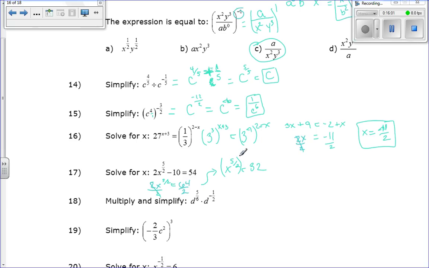Raise to the reciprocal power. So x equals the fifth root of 32, sorry, which is 2 squared. So x equals 4.